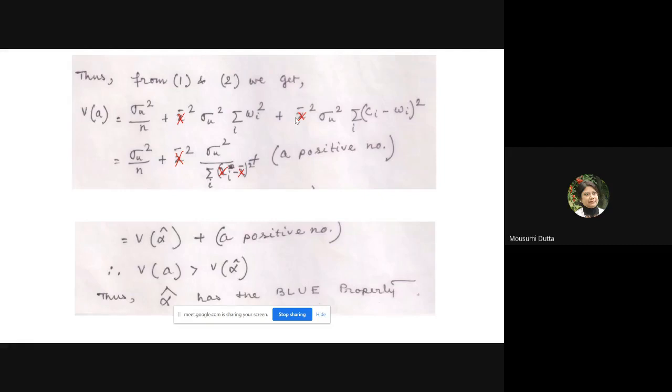So we need to learn how to find an unbiased estimator for sigma square. Because under most of the circumstances, instead of using variance of alpha hat, variance of beta hat, we have to use the estimated values of variance of alpha hat, variance of beta hat.